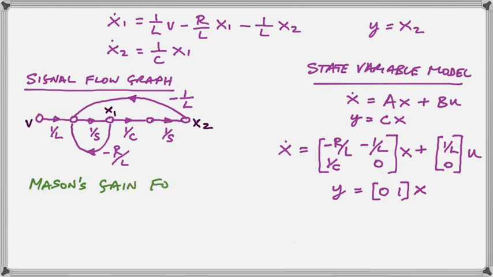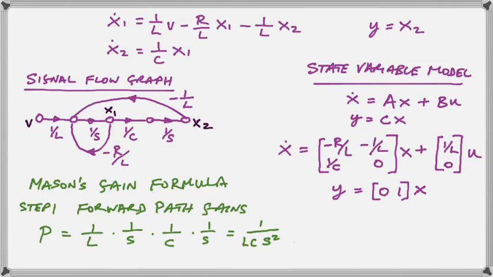Now, Mason's gain formula is what we're going to look at: how to use Mason's gain formula on this graph to be able to find the transfer function.